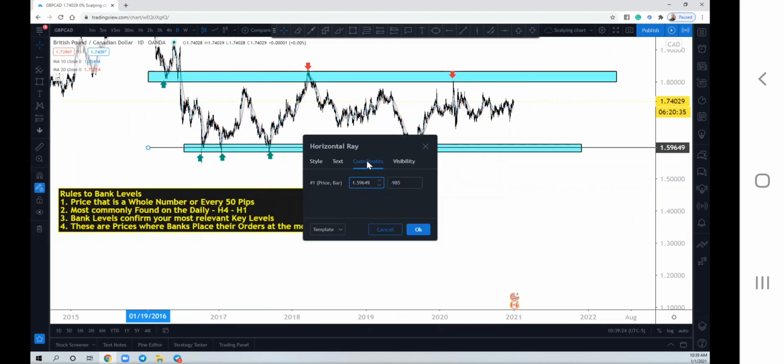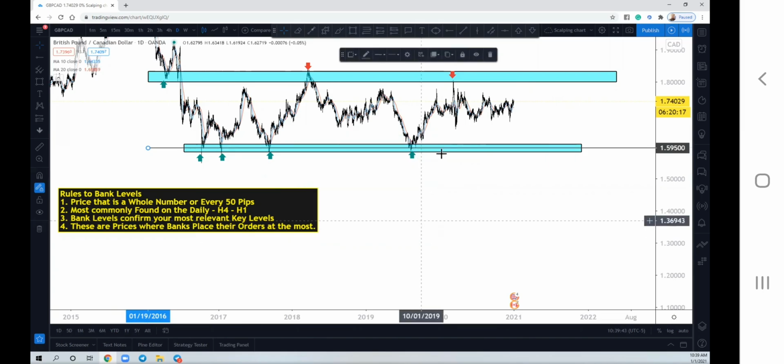Now here are the coordinates. We have a price that we set this horizontal ray at: 1.59649. Every 50 pips from this number, the closest 50 pips would be 1.59500, right? And you can see how this horizontal ray moved a bit.